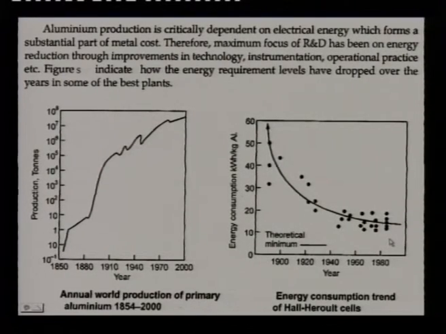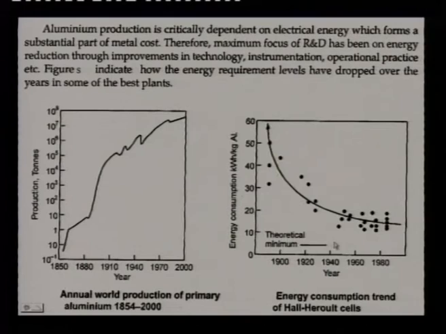The bath resistance gives heating. Therefore, you need in theory some energy to decompose Al2O3, and then you need some extra energy for heating of the bath, and that is why it is coming down to the minimum, which must be above the theoretical minimum that comes from looking at the free energy of formation.